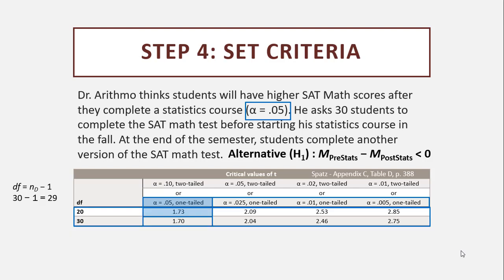So this 1.73 is going to be on the left-hand side of the distribution. So it's going to be negative 1.73.